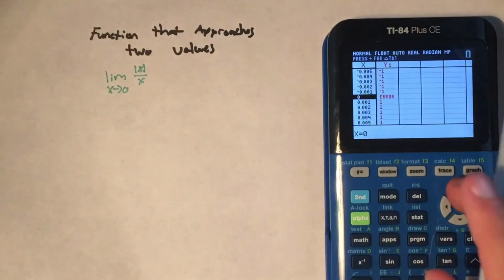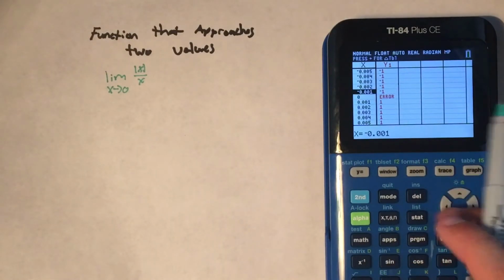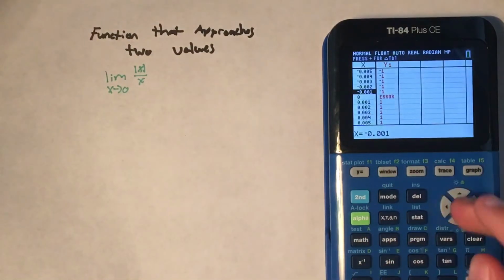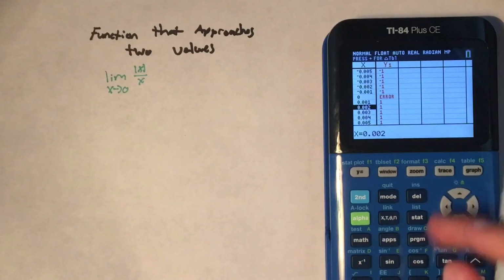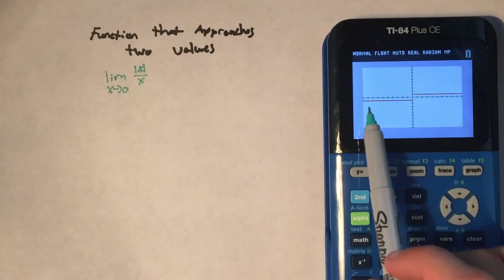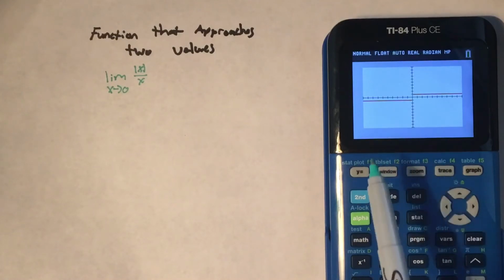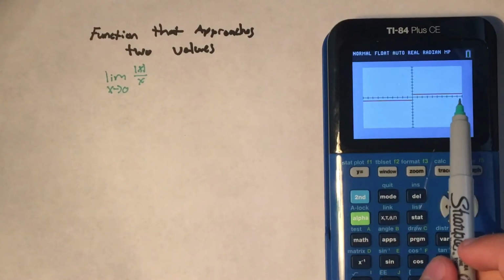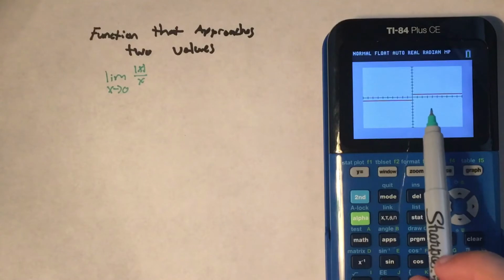We can see that to the left of 0 we have -1 as it approaches 0, and to the right of 0 we have +1 as it approaches 0. We can see this in the graph as well. As the graph approaches 0 from the left side, we have -1, and as it approaches from the right side, we have +1.